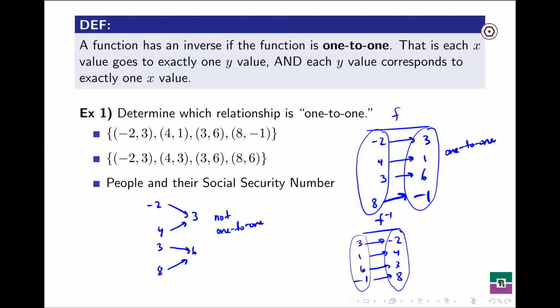What can we notice about the function's domain and range and then the inverse function's domain and range? They actually just interchange. Again, all the x and y coordinates are swapped on the function f and its inverse. The domain of f is actually the range of f inverse, and the range of f is actually the domain of f inverse.